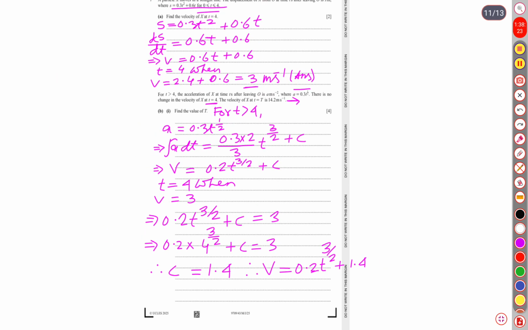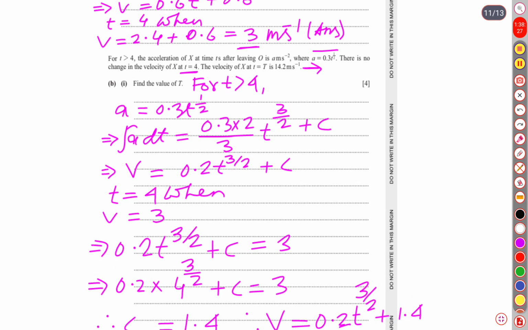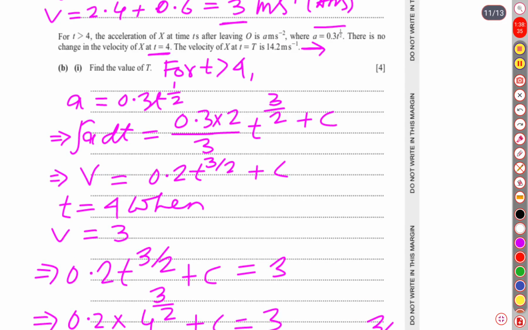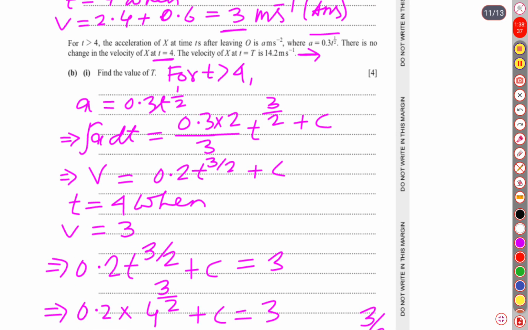Well, then let's see what the question asked. The question has told us to find the value of T when velocity is 14.2.